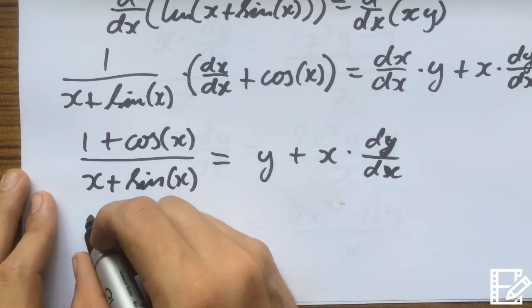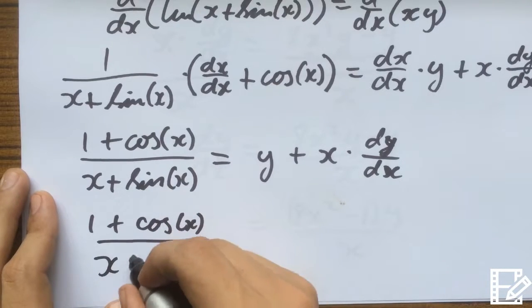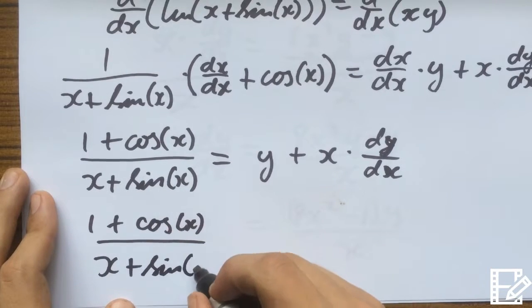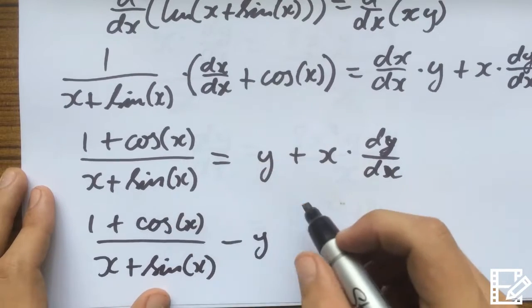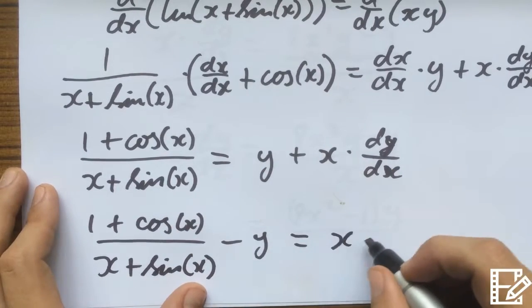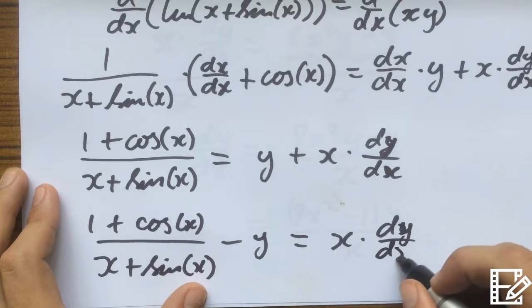So what I'm going to do is here, just have 1 plus cos x over x plus sine x, minus y, because I'll just subtract y from both sides, equals x multiplied by dy dx.